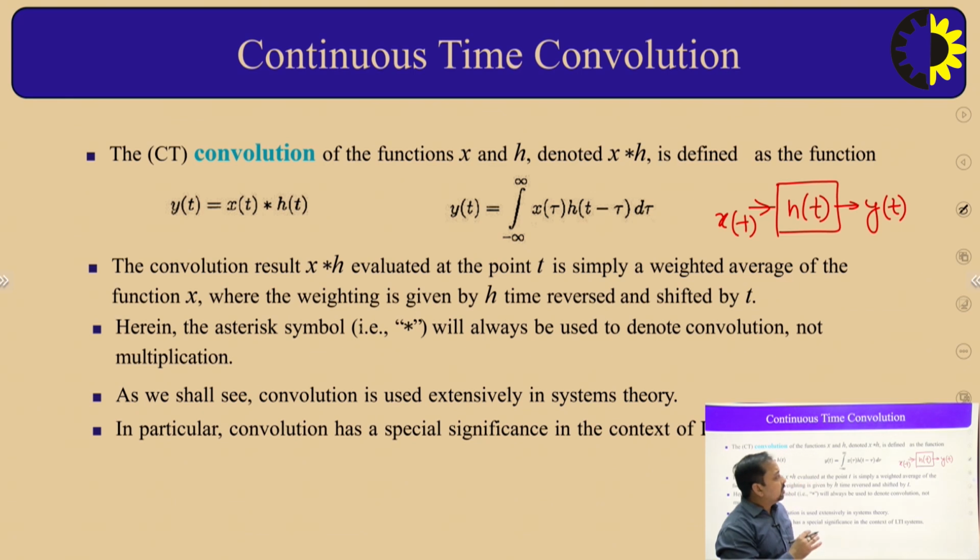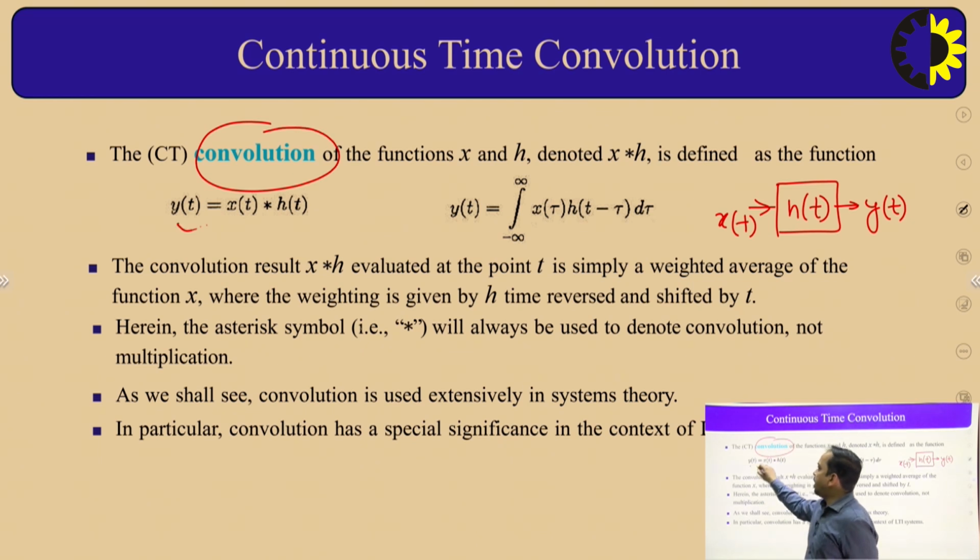How are the input and impulse response interconnected? The output of any LTI system can be obtained with the help of a tool called convolution, and y(t) equals x(t) convolution with h(t). This is a mathematical operator.